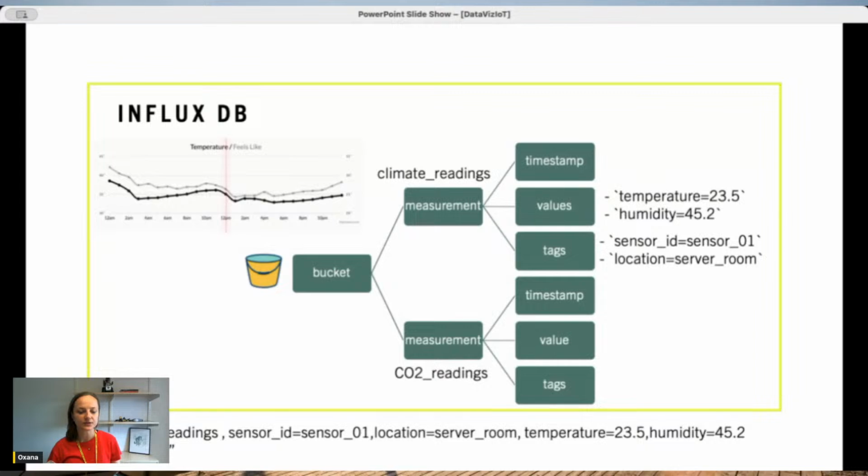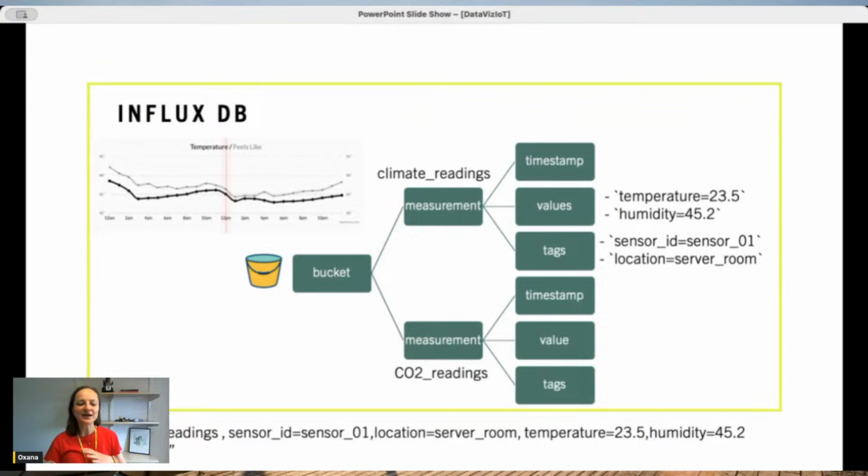But for system monitoring, it is also often used. So, for instance, uptime of your servers, logs of different errors, of your user behavior. That's also a very similar data pattern to sensor data.